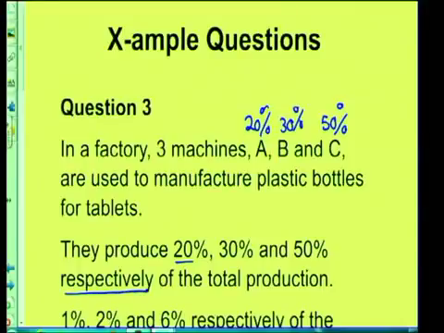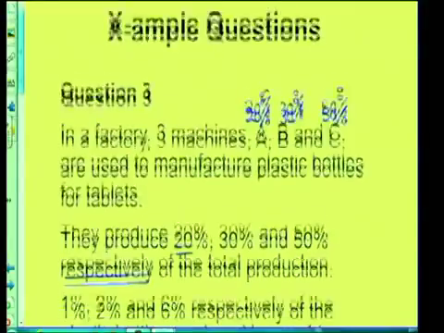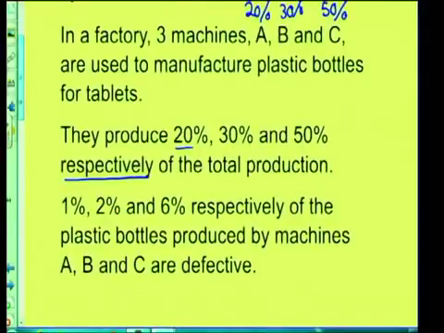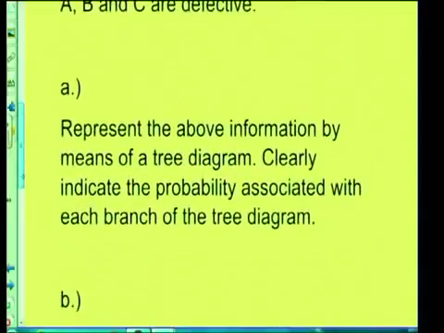Respectively just means in the same order as the top over there. Right, so 1%, 2%, and 6% respectively, so this belongs to A, this belongs to B, and this belongs to C, of the plastic bottles produced by the machines are defective. Okay, so that's just information. Represent the following information by means of a tree diagram. Clearly indicate the probability associated with each branch of the tree diagram.